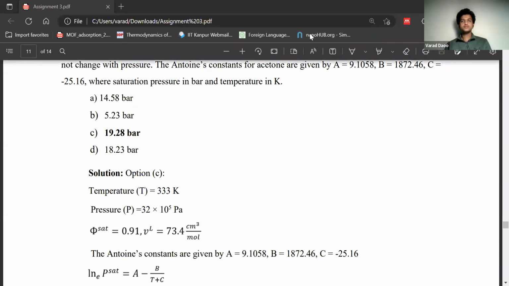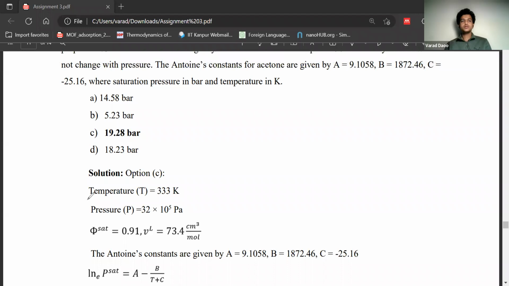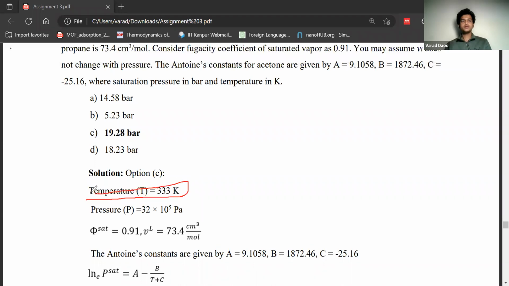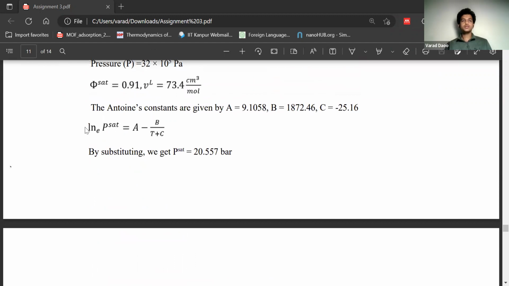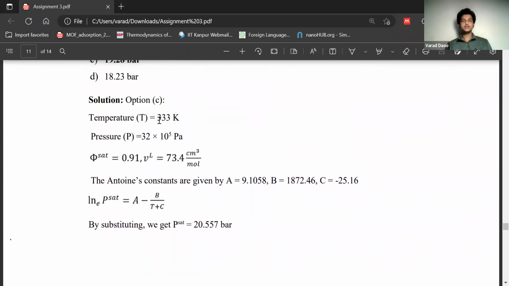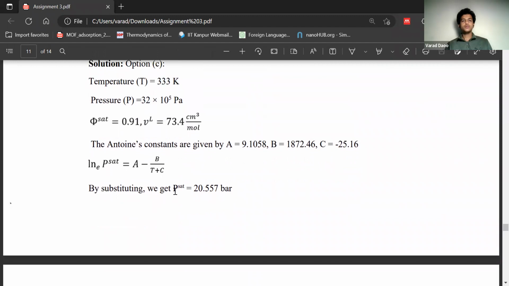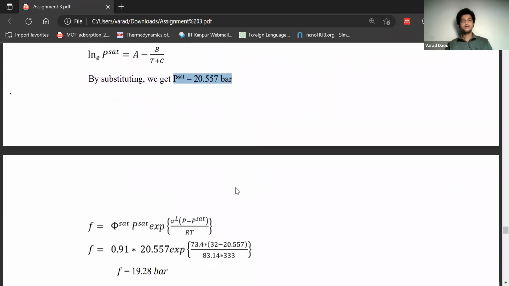Anybody got it? So I'll start with my explanation. What we are given: temperature 333 and pressure. Phi sat has been given, volume of pure liquid has been given, and Antoine constants are given. So we'll put the values into the Antoine equation with the temperature, and we get the saturation pressure as 20.557 bar.